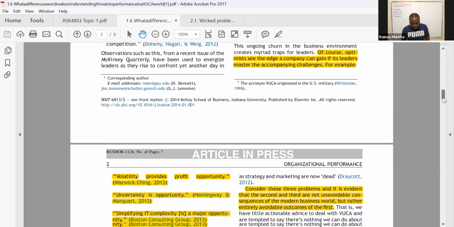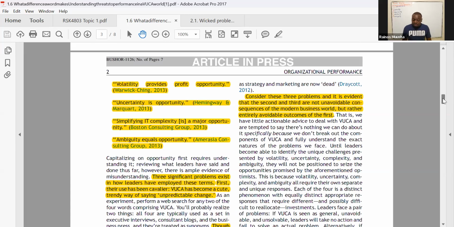For example, volatility provides profit opportunity. Uncertainty is opportunity. And simplifying IT complexity is a major opportunity, and ambiguity equals opportunity as well.